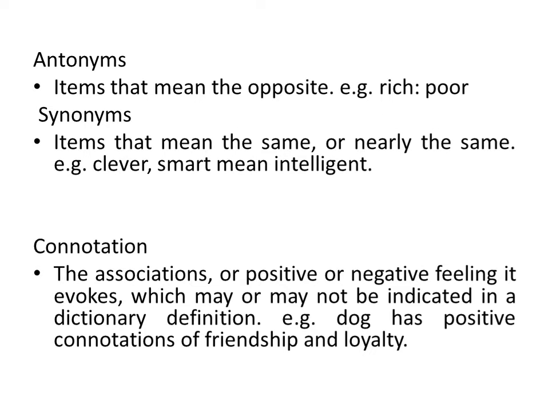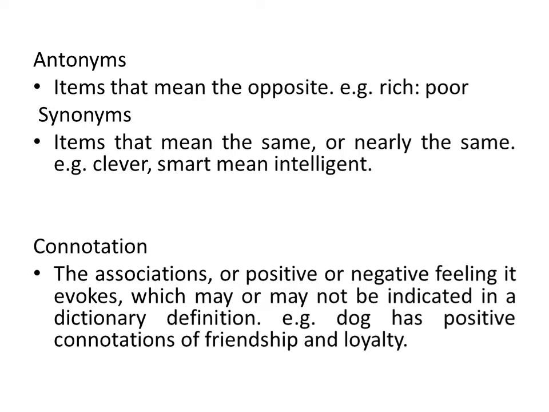First, we start with antonyms, which means items that mean the opposite, for example, rich and poor. Synonyms are items that mean the same or nearly the same, for example, clever, smart, intelligent.